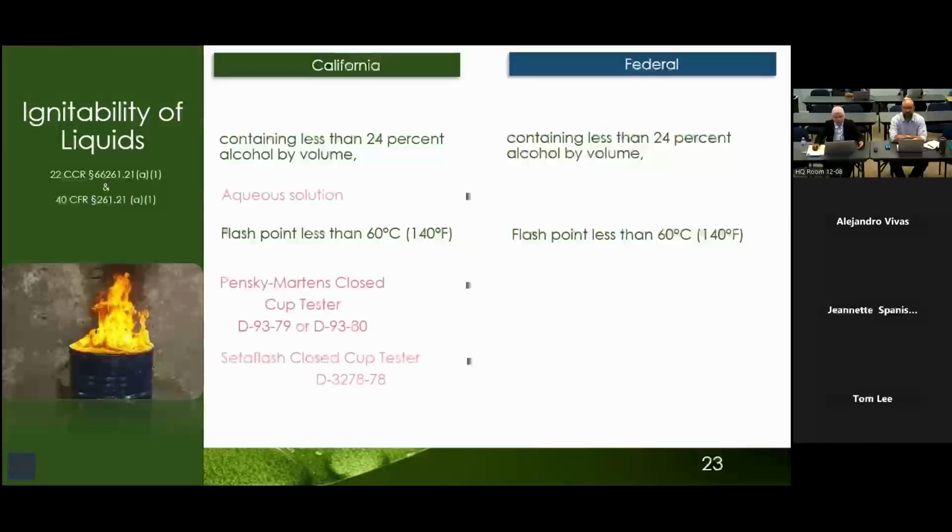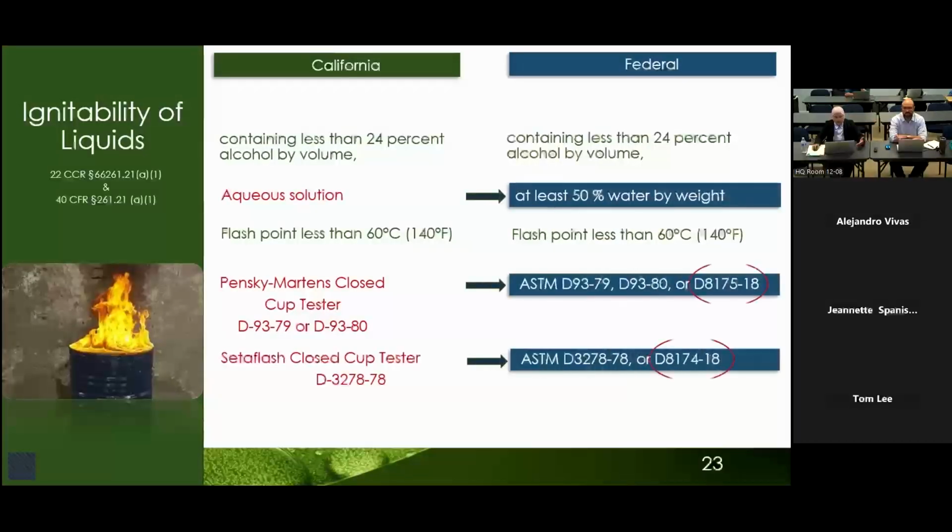To make things easier to understand, let's break down the main differences between California and federal regulations for this specific subsection, which is based on the highlighted text from the previous slide. And now it's easy to focus on some key terms, which are stated differently in federal regulations as compared to the California regulatory text for ignitability of liquid waste.